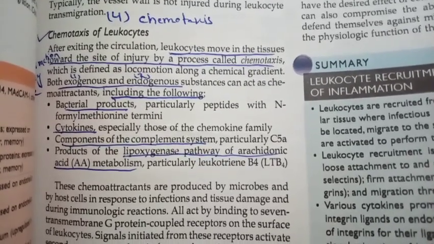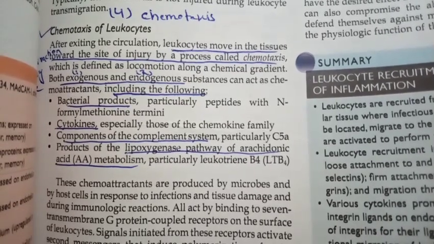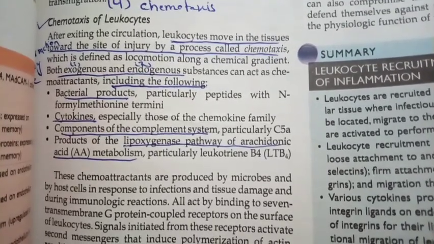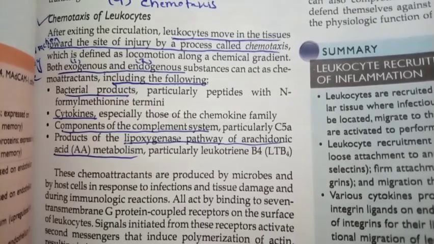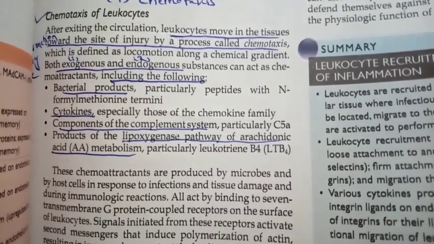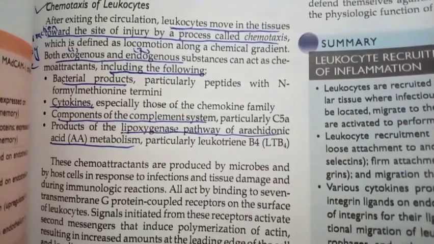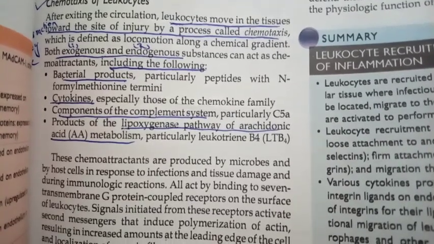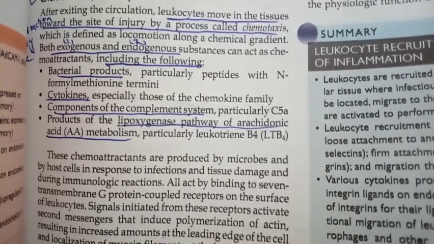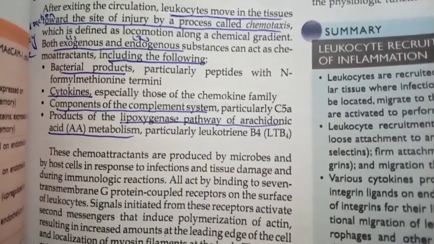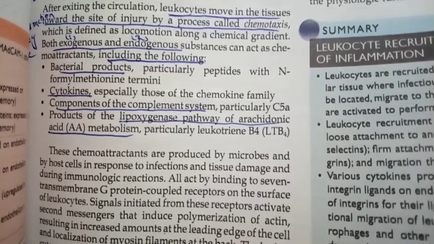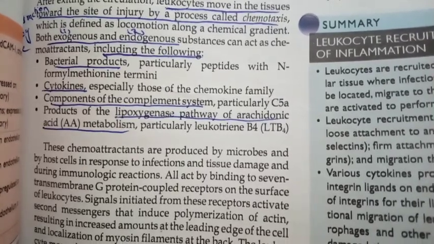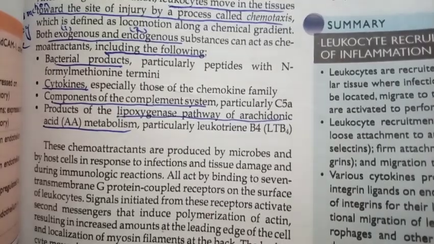After exiting the circulation, leukocytes move in the tissue toward the site of the injury by a process called chemotaxis, which is defined as locomotion along a chemical gradient. Both exogenous and endogenous substances can act as chemoattractants, including bacterial products, particularly peptides with N-formylmethionine termini, cytokines, especially those of the chemokine family, components of the complement system, particularly C5a, and products of the lipoxygenase pathway of arachidonic acid metabolism, particularly leukotriene B4.